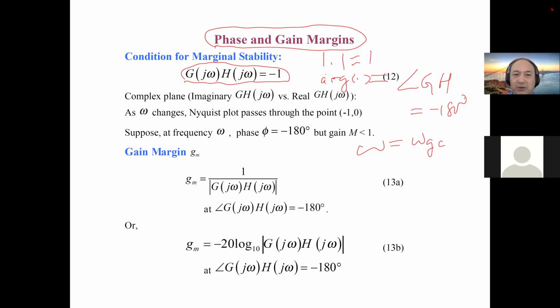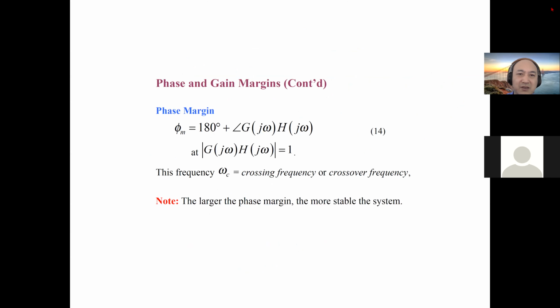So we're talking about phase margin first. Phase margin is when the gain is 0 dB, what is the phase? Say, for example, I give you an example here. I have this Bode plot. I have gain crossover here, omega GC. At this GC point, this is 0 dB.